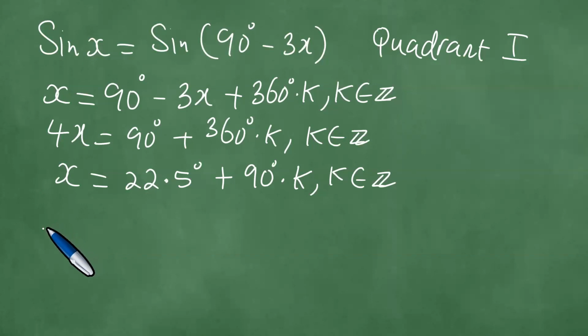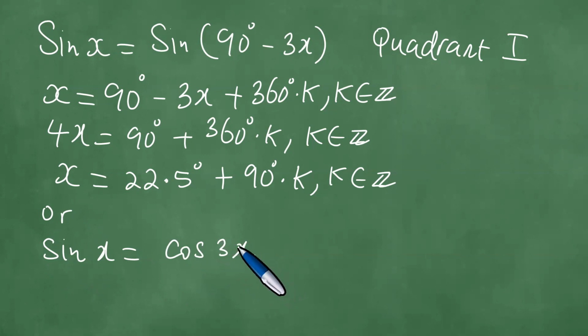Right, that is the solution, and now we are going to focus on the second quadrant, which means we have the sine of x equals the cosine of 3x.